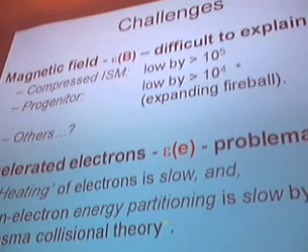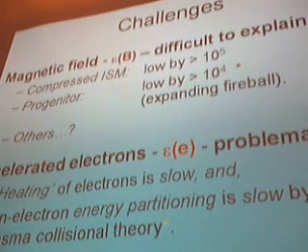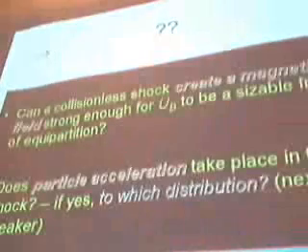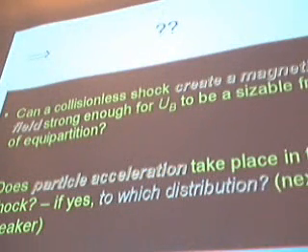If there's any other way to produce this field, I haven't heard of any others, but if you have, please say so. We also have problems with heating the electrons and partitioning the energy between ions and electrons. The ions are carrying a lot of bulk momentum in this kind of shock. So those are the questions we're addressing now: how to create this magnetic field and how the particles are accelerated to produce the radiation that we want.